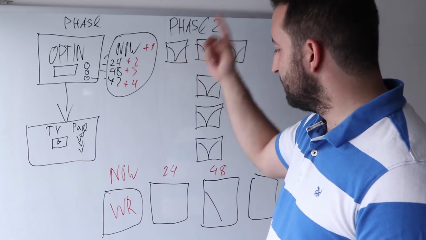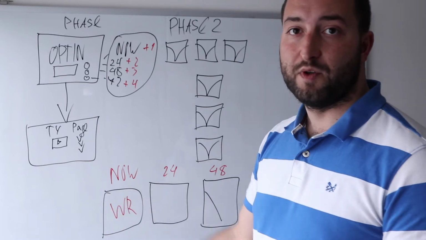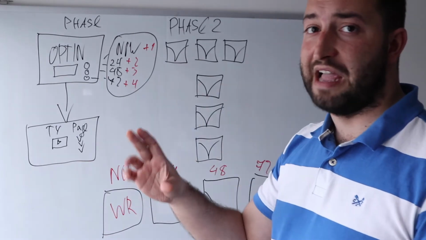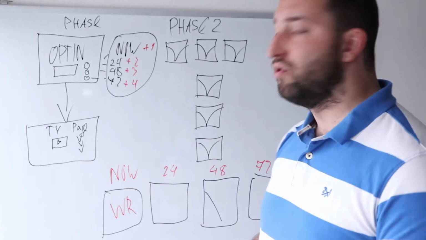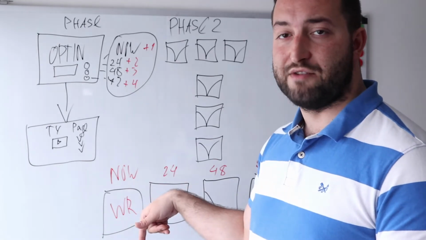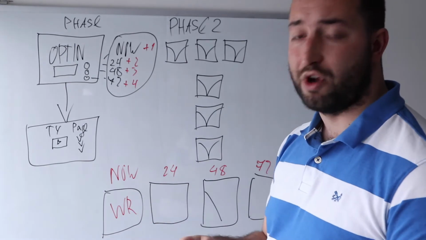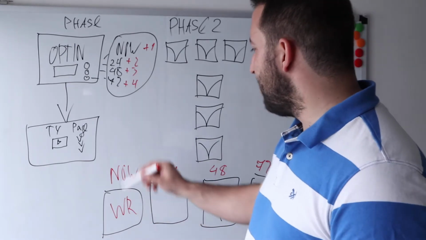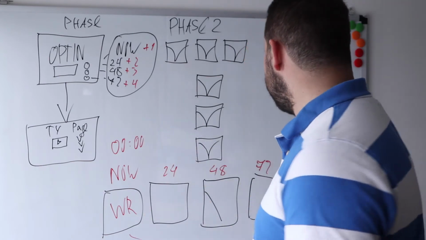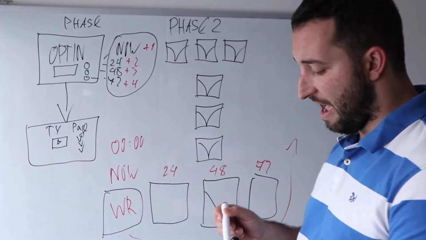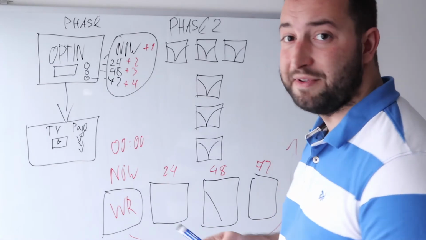They click on it, they go to the waiting room where there is another countdown timer, and all they need to do is wait in this waiting room, and when the countdown timer hits 0, they're sent to the actual webinar page.